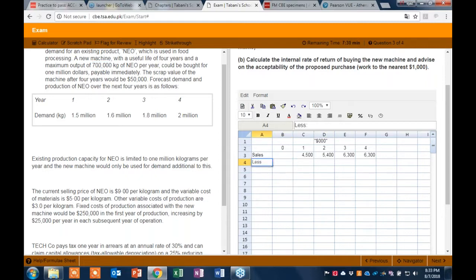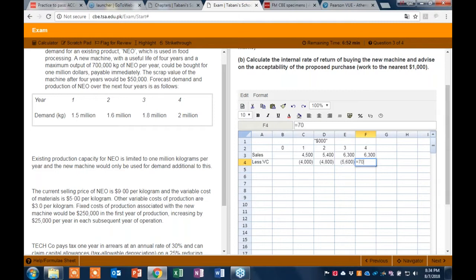Okay, let's deduct the variable cost. The sales volume for the first year, 500. The variable cost is 5 for material and 3 for other variable production cost. So it will be 8 in total. So 4,000. Then we have 600 demand into 8. 700 into 8.